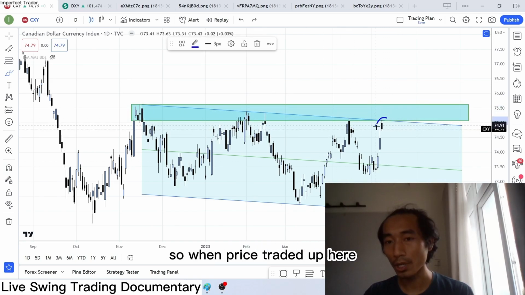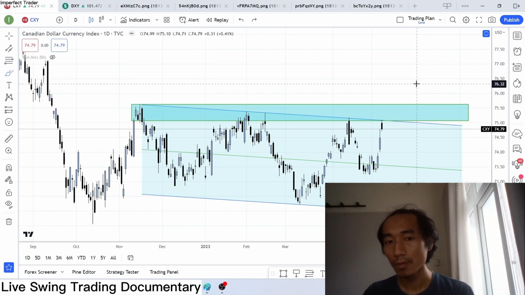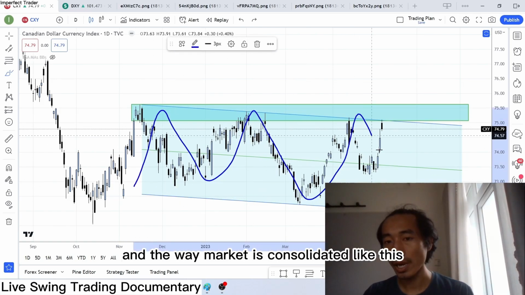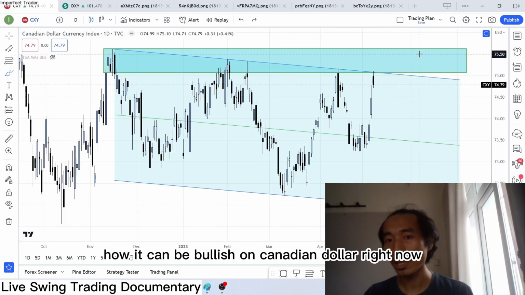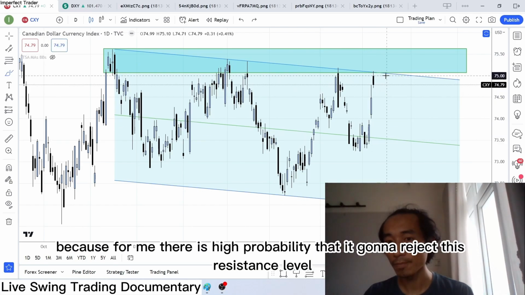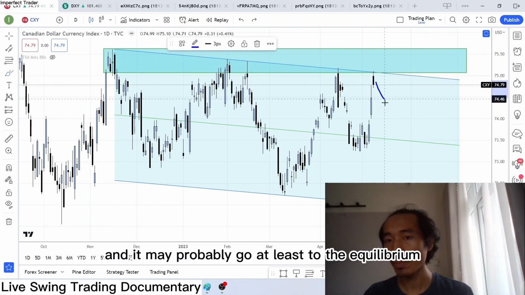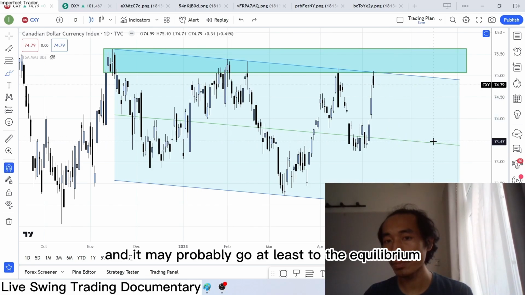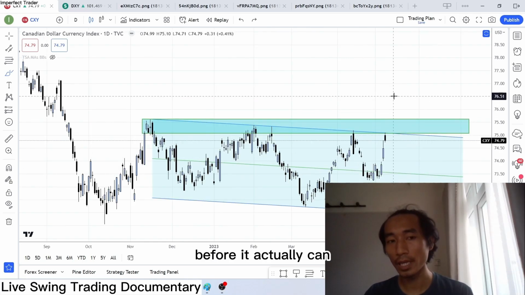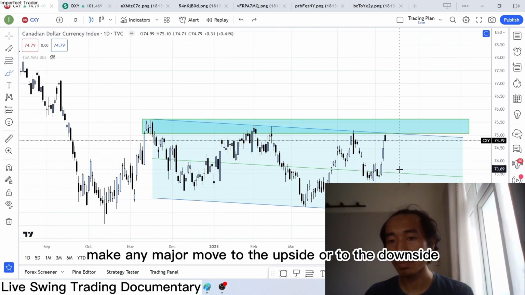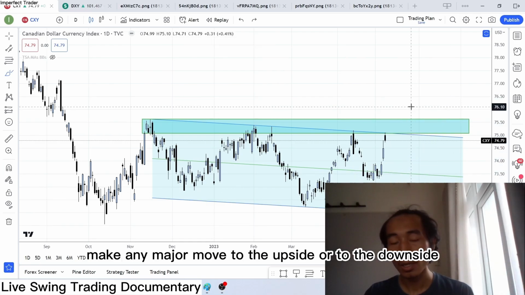So when price is trading up here, and the way the market is consolidating like this, I'm not really seeing how it can be bullish on the Canadian dollar right now, because for me the high probability is that it's going to reject the resistance level, and it may probably go down to the equilibrium of the channel before it can make any major move to the upside or to the downside.